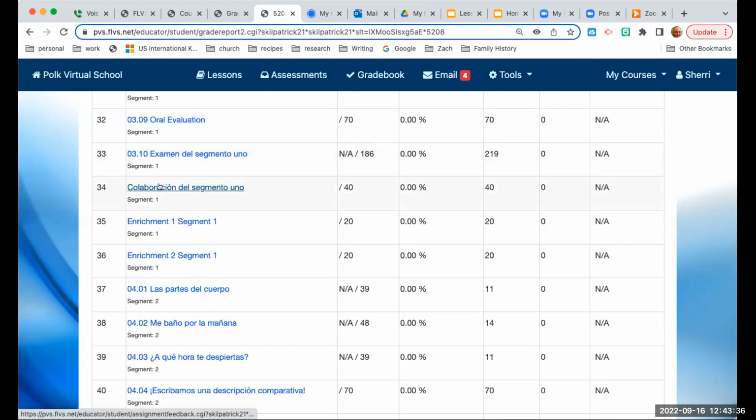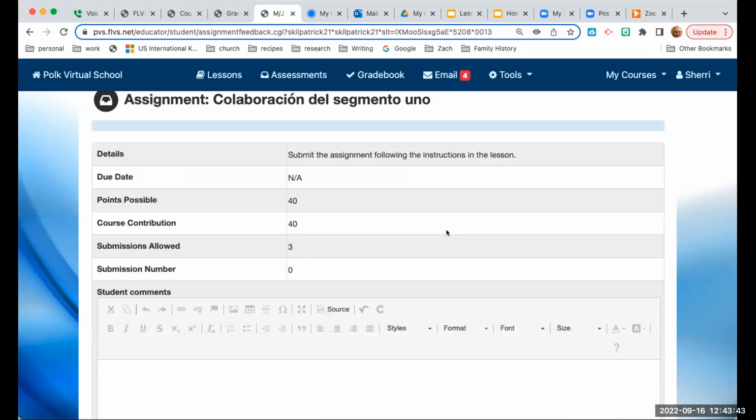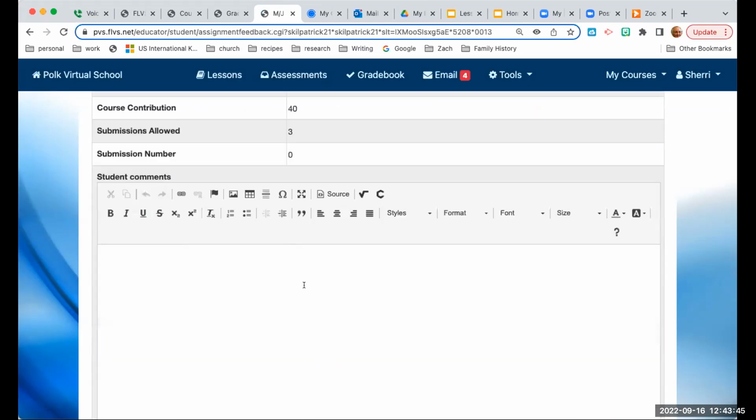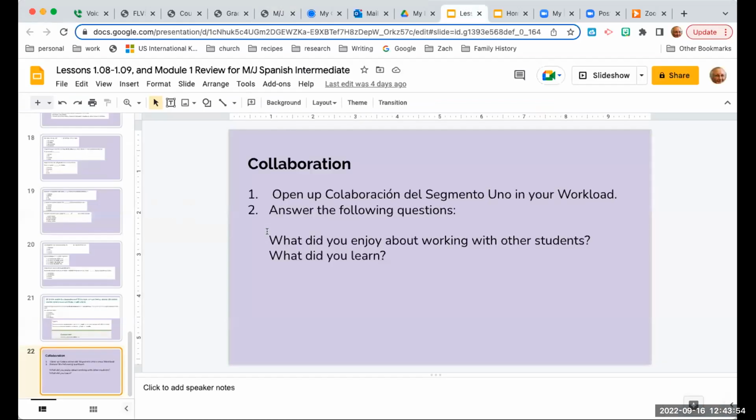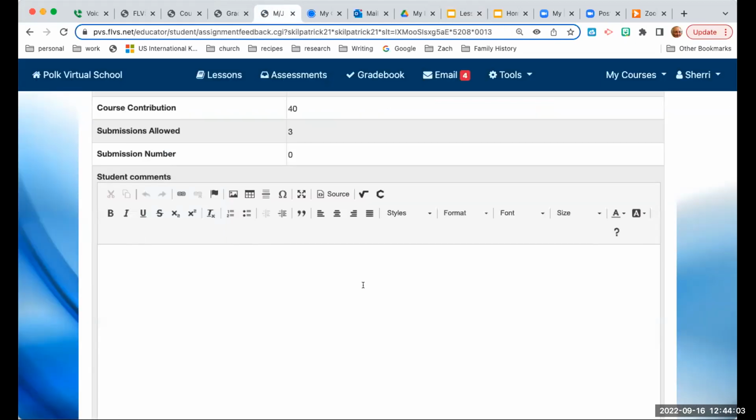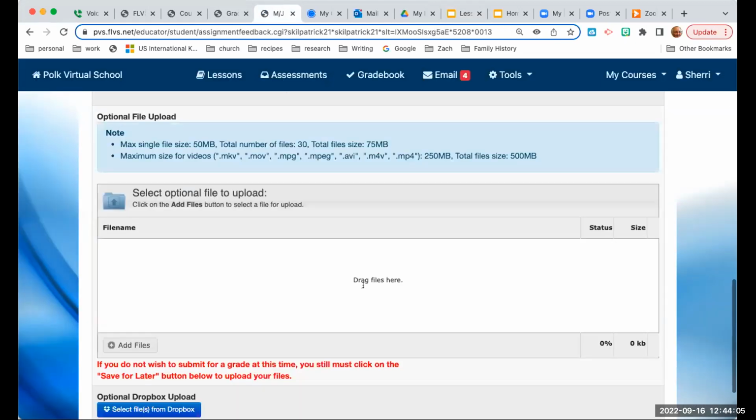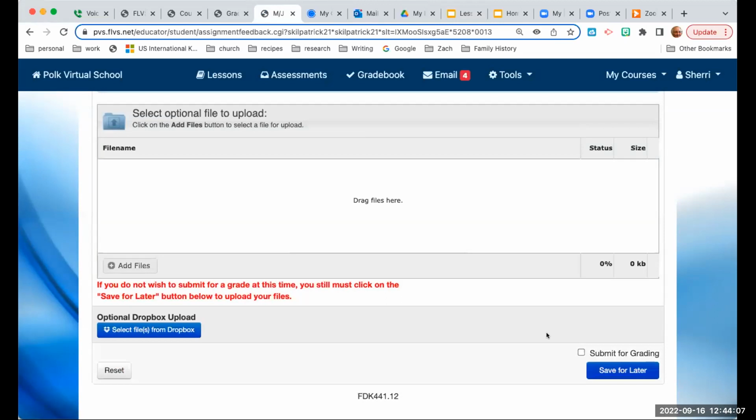And then where it says collaboration, colaboración de segmento uno, that's what you would click on for the actual collaboration assignment. And in here, you're going to write, like if you're using today's lesson, you would say, I attended the lessons 108 to 1.10. And then you're going to tell me what you enjoyed about working with other students and what did you learn today. And so you're going to type those things in here, and then you go to the bottom and you submit it for grade. Okay.